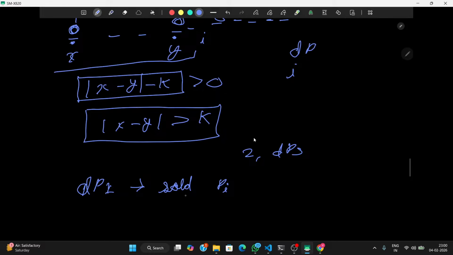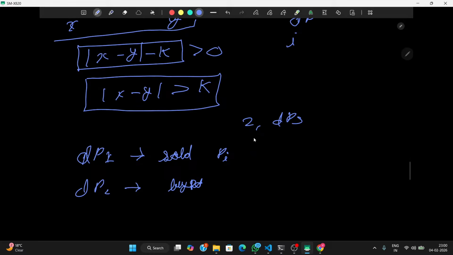We have opened a subarray by selling an element, and now we need to close the subarray by buying something. Similarly, DP2 will be that we have bought the stock at some index I, or some value Pi, so now we need to sell a stock to close this subarray. These are the two DPs that we'll store.